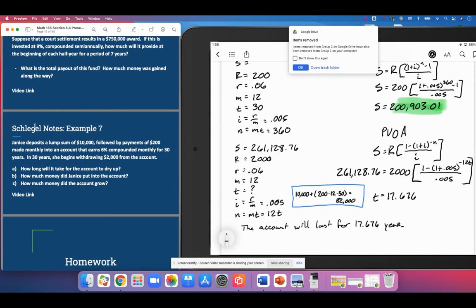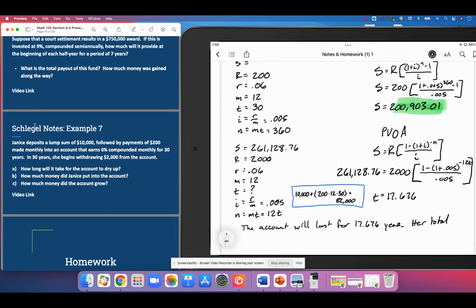So the account will last for 17.676 years. Her total investment was $82,000. And the account grew by, let's see what the total payout was.